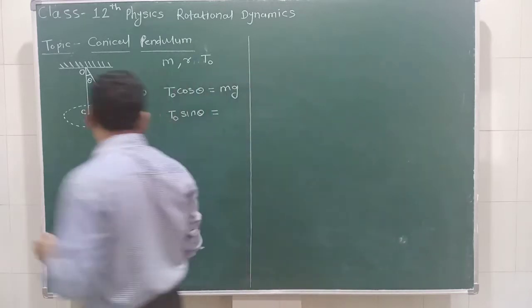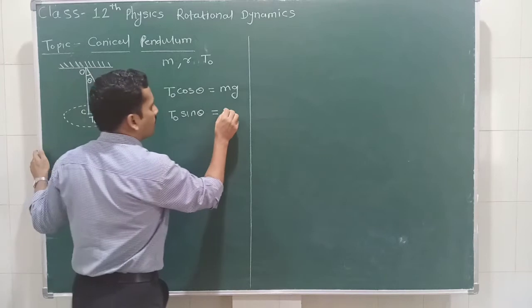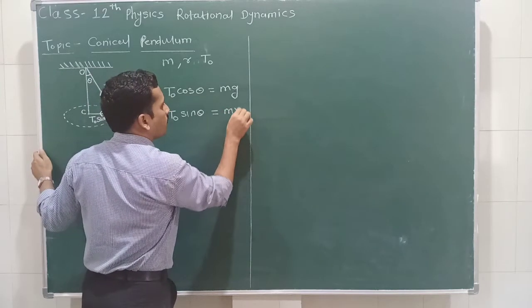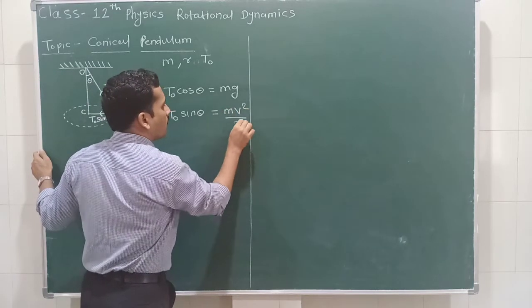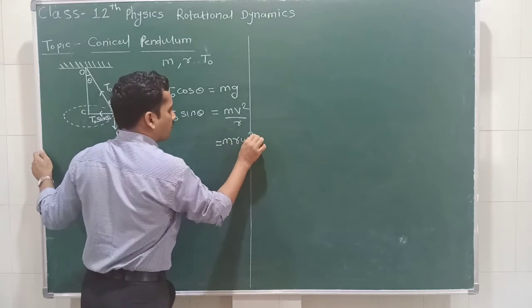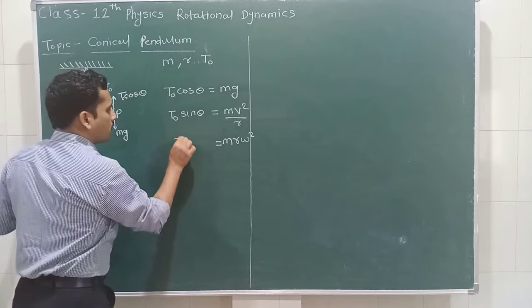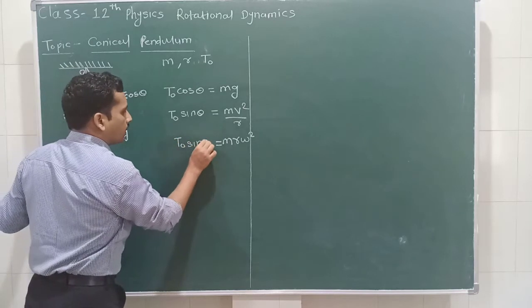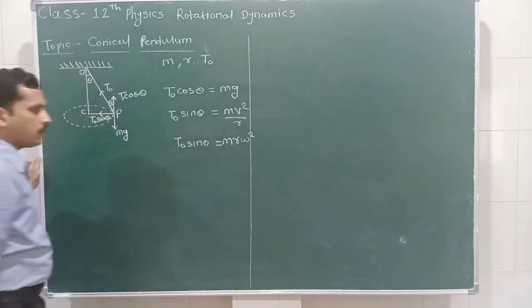Therefore, we can write T0 sin theta is equal to mv square divided by r, or we can also write it as mr omega square. Therefore, T0 sin theta is equal to mr omega square.